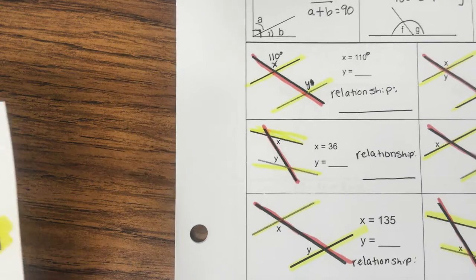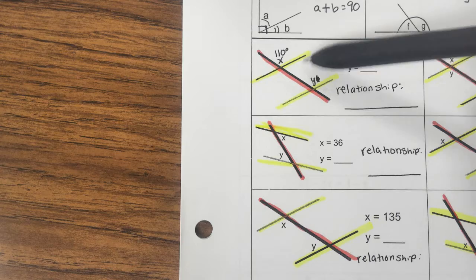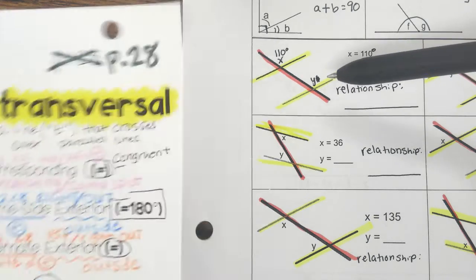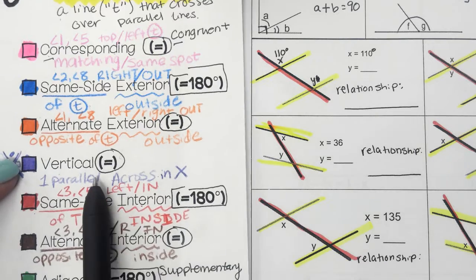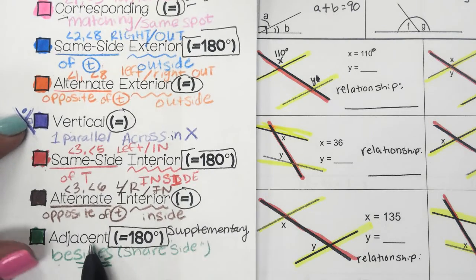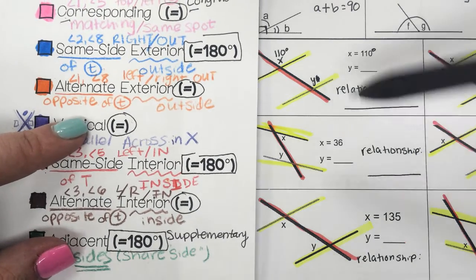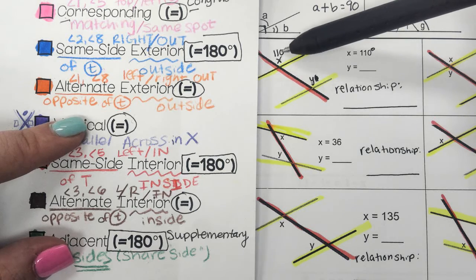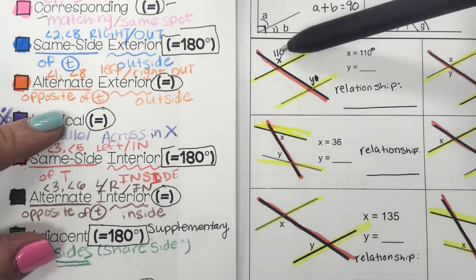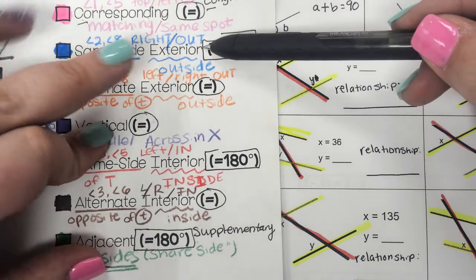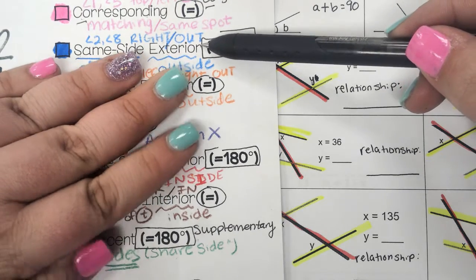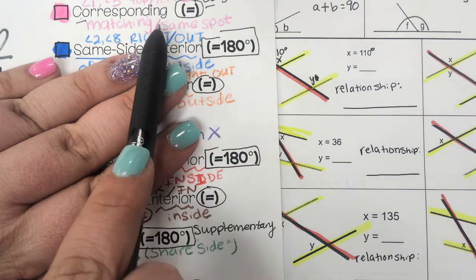So I see that X and Y are on two different parallel lines. Since they are on two different parallel lines, I know I'm not dealing with vertical angles or adjacent angles. Now 110 is on the outside of the box and Y is on the inside of the box. So I'm not dealing with exteriors and I'm not dealing with interiors, which means those angles are corresponding.